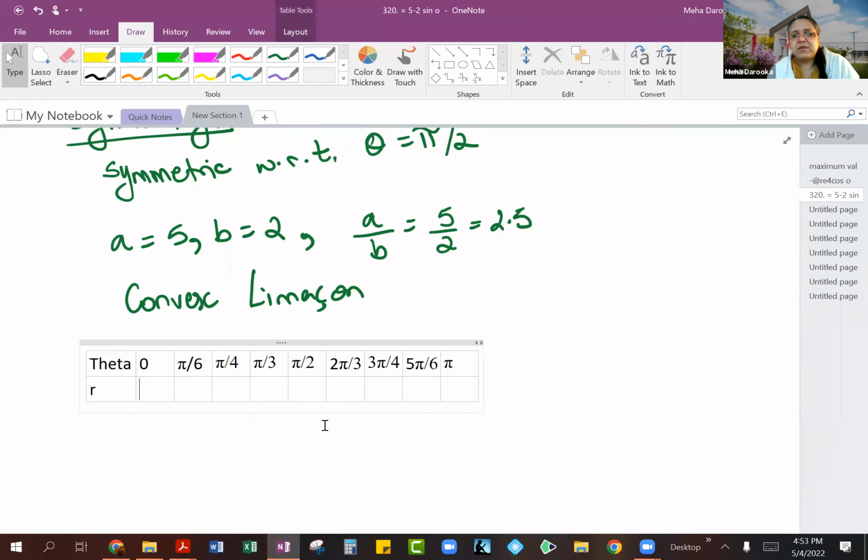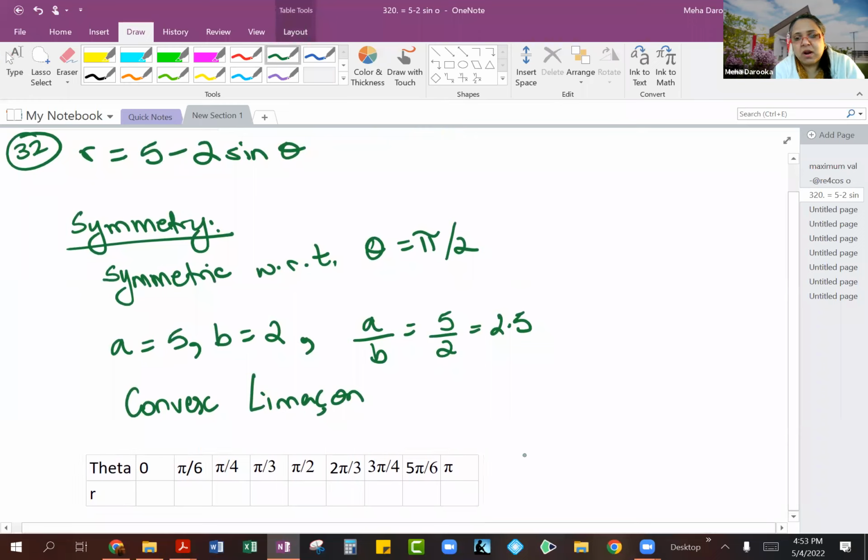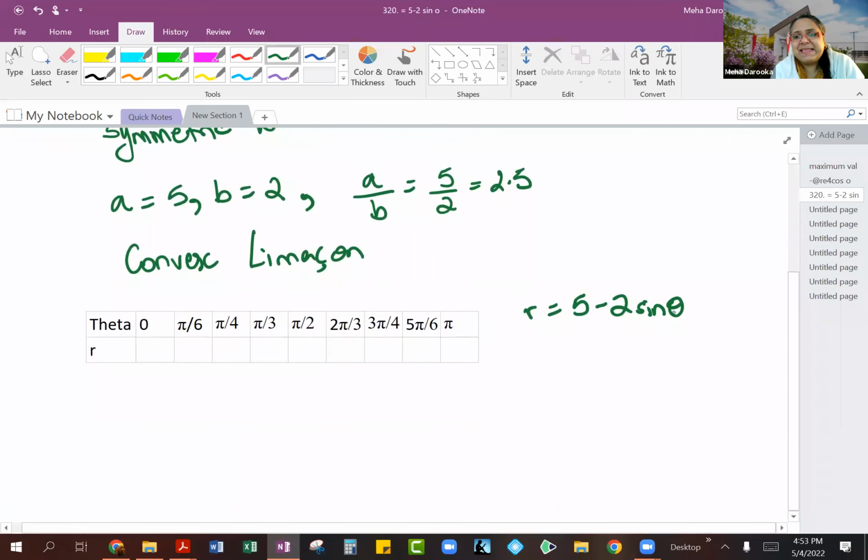I'm keeping those same angles from 0 to pi, and then we're going to use that with this function to see what our r value will come out to be. In this case, you just have sine theta. We're not multiplying the theta with any number, so you can directly go to the unit circle, get your values of sine theta, and then multiply that by 2, and whatever answer you get, we subtract that value from 5.